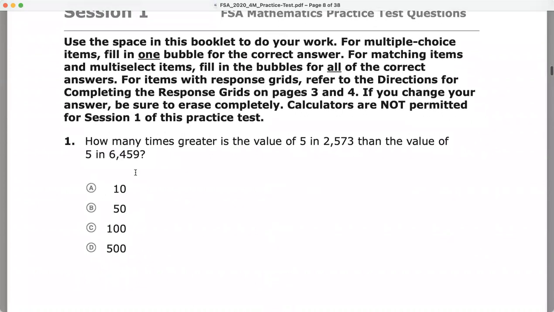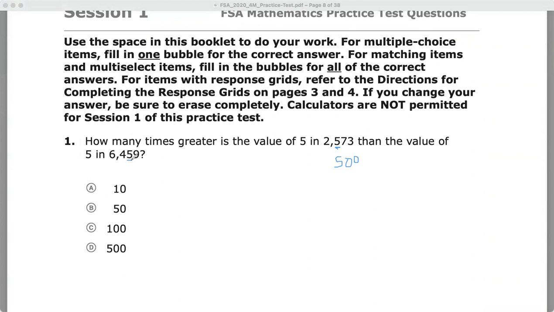All right. How many times greater is the value of 5 in 2,573 than the value of 5 in 6,459? So in this problem, we are looking at place value. The 5 in this first one is in the hundreds place, so that's like saying 500 if we're just looking at the value 5.